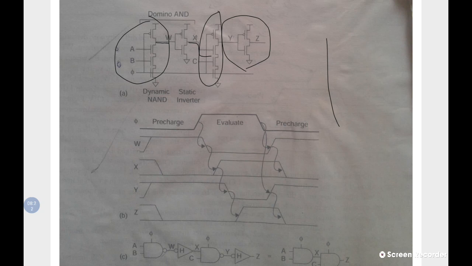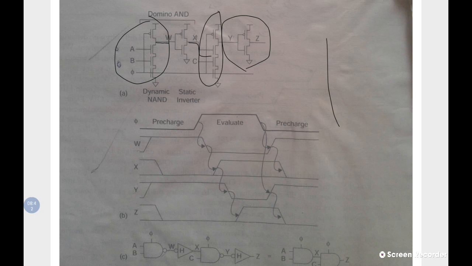When the clock pre-charge and evaluation signals are declared, for the first gate the output W is high during pre-charge, low during evaluation, and again high during pre-charge. Then this is fed to the inverter.